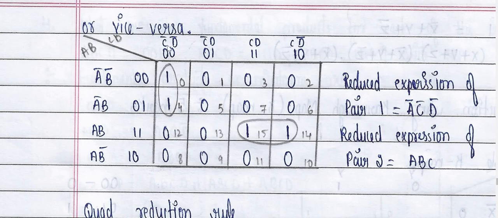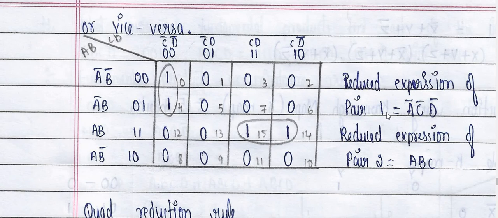So the reduced expression of pair 1 is: left side A bar, top side C bar D bar. The reduced expression of pair 1 is A bar C bar D bar.